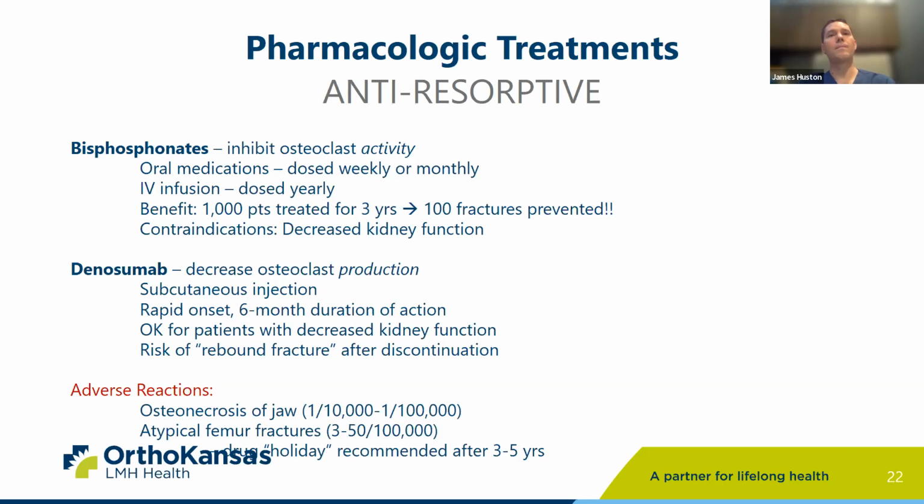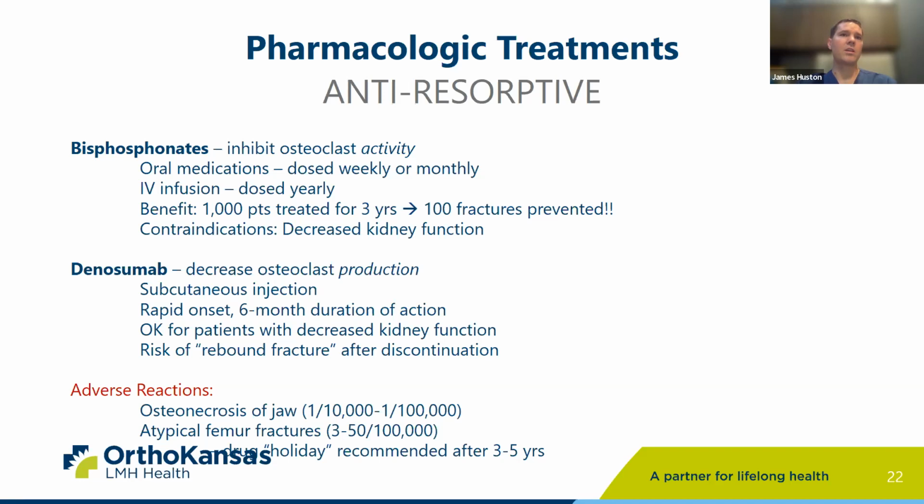They do have metabolism by the kidney. So patients with a decreased kidney function are typically not ideal candidates for bisphosphonate therapy. In which case the denosumab, Xgeva, Prolia that we highlighted may be a better option. So it decreases that osteoclast production.